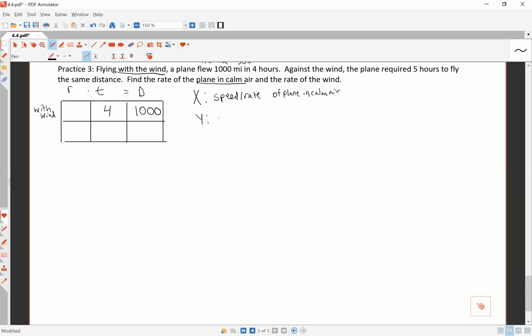And y is the rate of the wind, or speed or rate of wind. When we have our plane go with the wind, its speed that it can do without any wind gets added to the speed of the wind, x plus y.